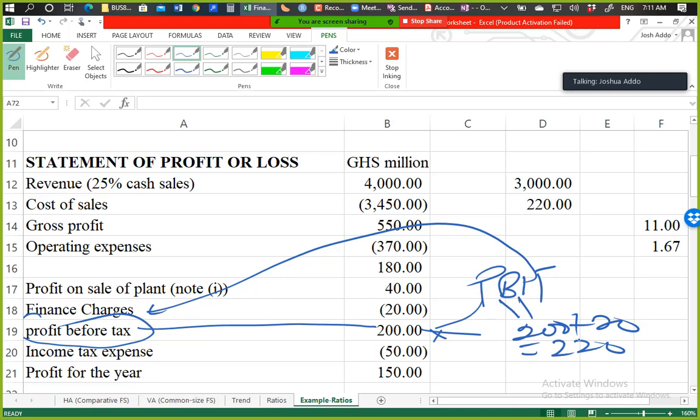And please always note this: in accounting, we want the presentation to be snappy. So you see this thing here, million Ghana cedis is on top. So the figure here is not just 220, it's 220 million.